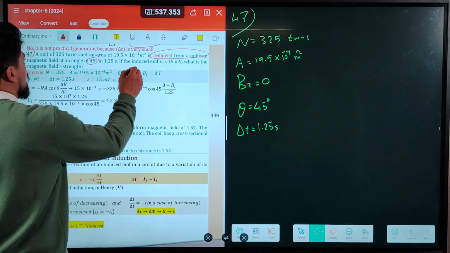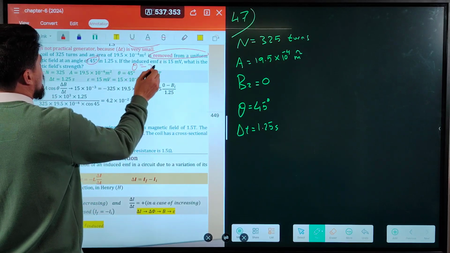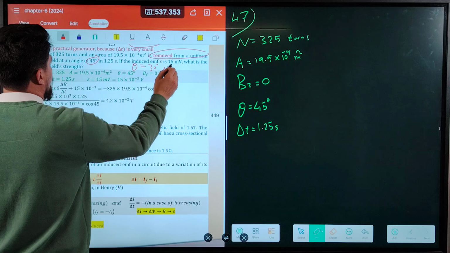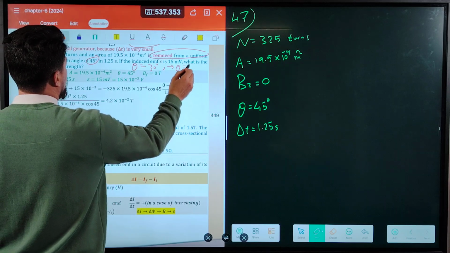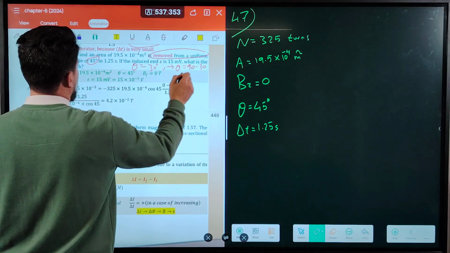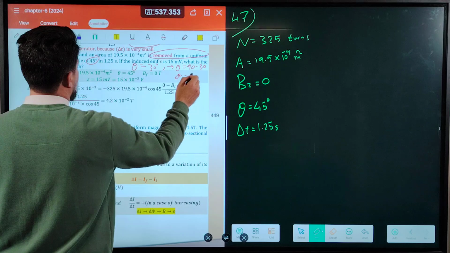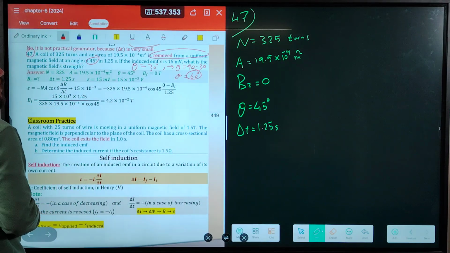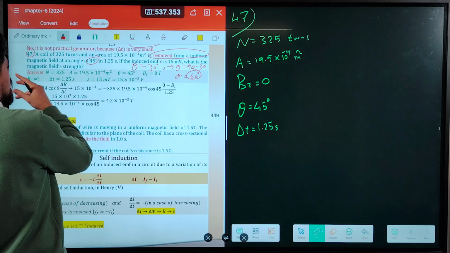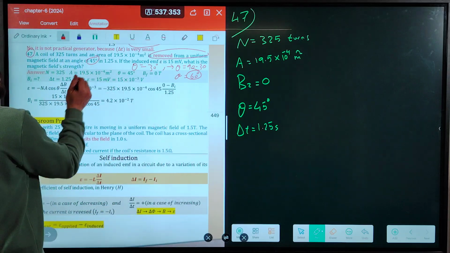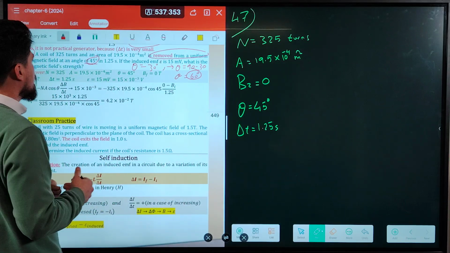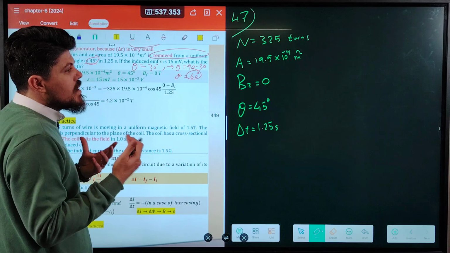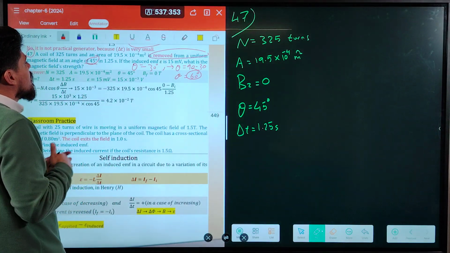If this angle is 30 degrees, theta should be 90 minus 30, so you have to count this as 60 degrees. Because the coil is removed, the plane of the loop is removed with this angle. Here, 90 minus 45 is still 45.